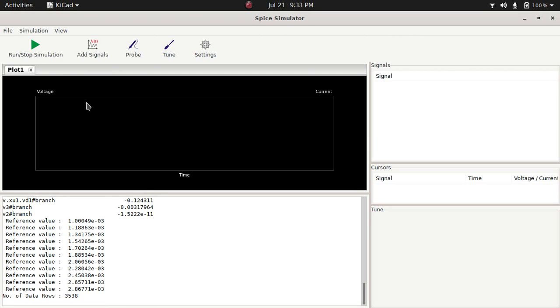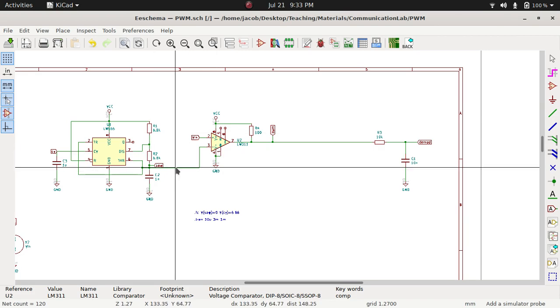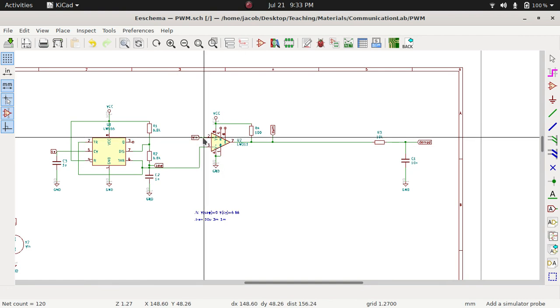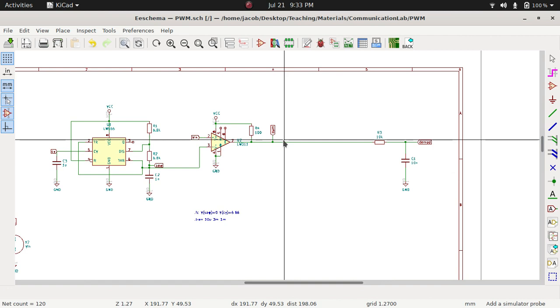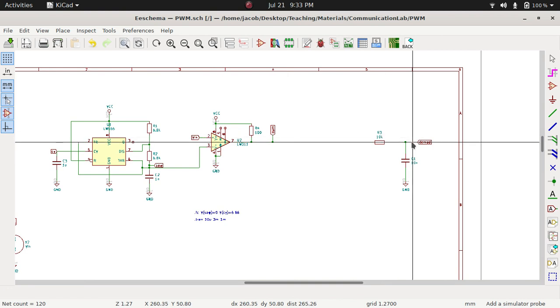Now I have to select the signals that I want to observe. So I take this probe, and I am going to probe this Sawtooth waveform, the input waveform, the PWM waveform, and the demodulated waveform.